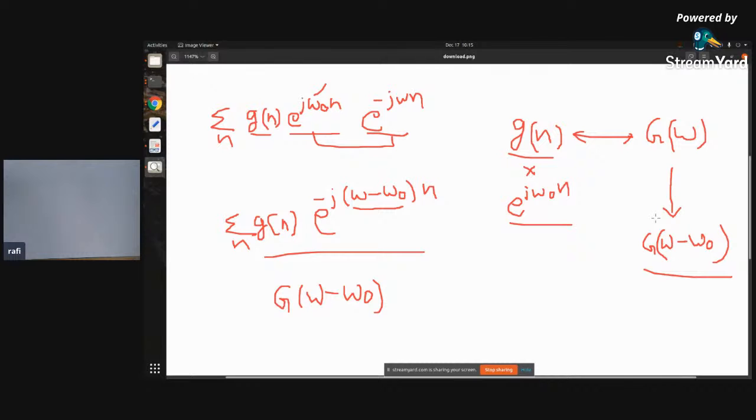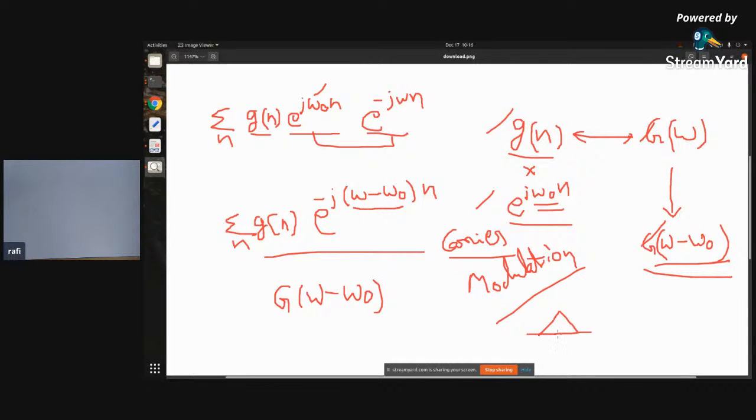It is the basis for modulation. What is modulation? When you have a signal and you multiply it with some carrier, your spectrum will get shifted to that carrier. You consider this as a carrier signal with frequency omega naught. Earlier, G of omega is here at omega equal to 0. It is a baseband signal.